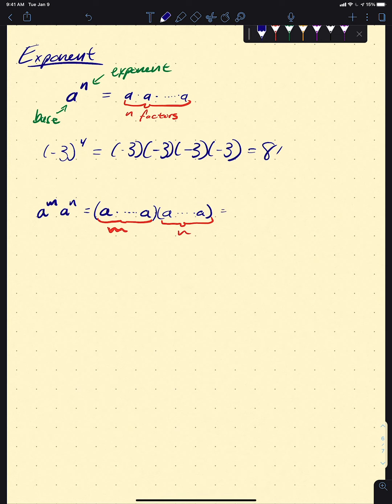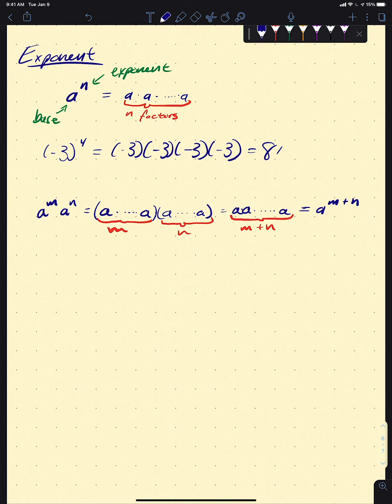But what that means when we combine them all together is we have a times itself a bunch of times. How many times is it? It's m, and then it's n. So it's m plus n times. So that's the same as doing a to the m plus n.